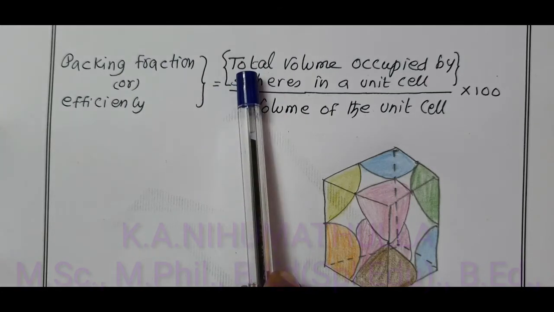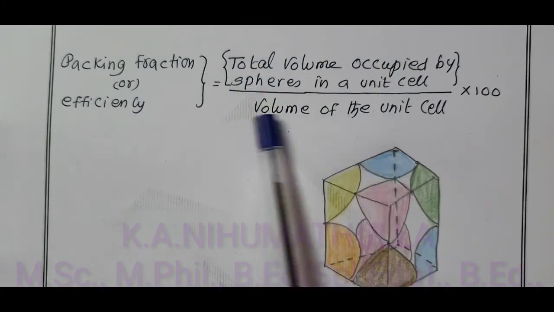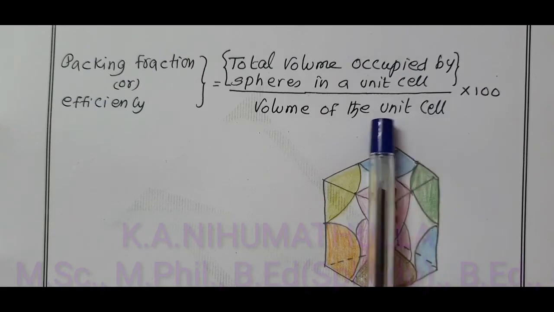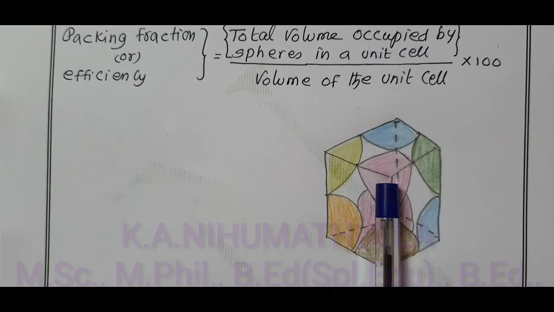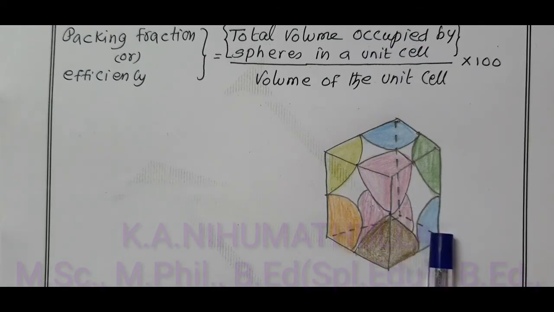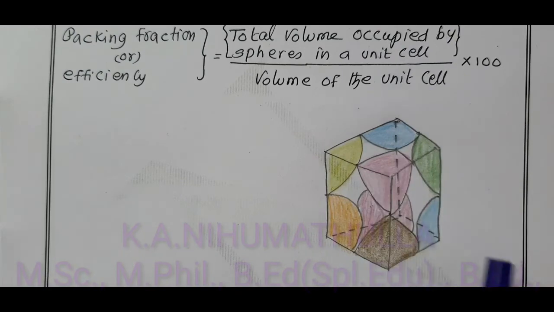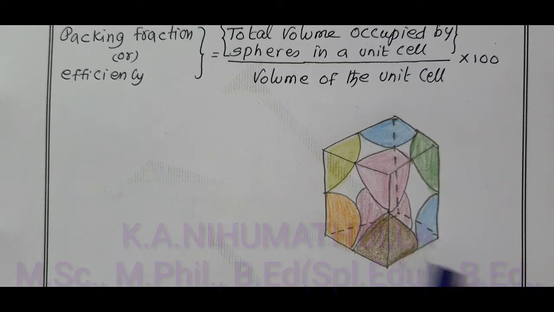Simple cubic, this value equals 1, body centered cubic 2, and face centered cubic 4. The volume of the unit cell is constant because we are studying only cubic unit cells. In a cubic unit cell, all edge lengths are equal, taken as a.